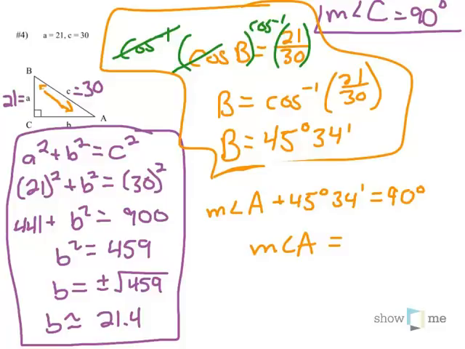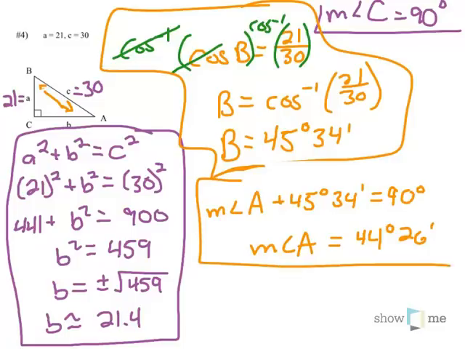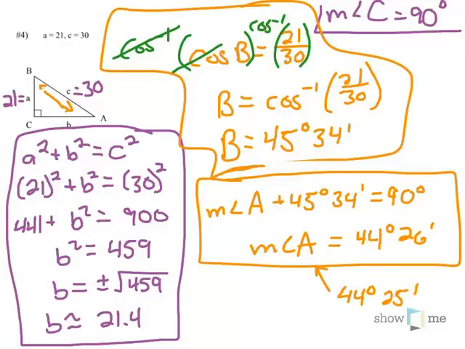Now, it's possible, since these are rounded, if someone else had done this problem and they had found angle A first, using trig, they might have got 44 degrees, 25 minutes for angle A. If they did, then they would have got for measure of angle B 45 degrees, 35 minutes.